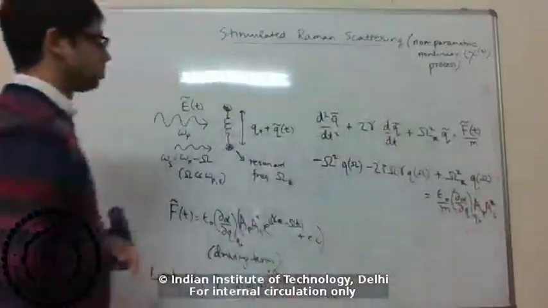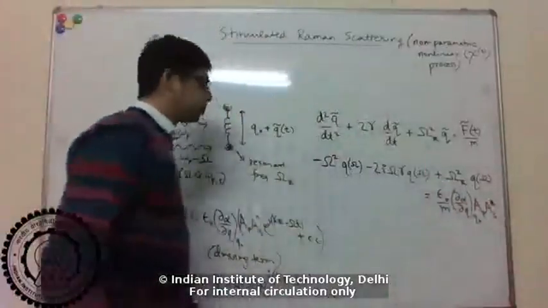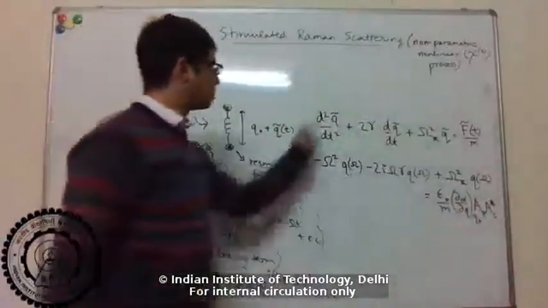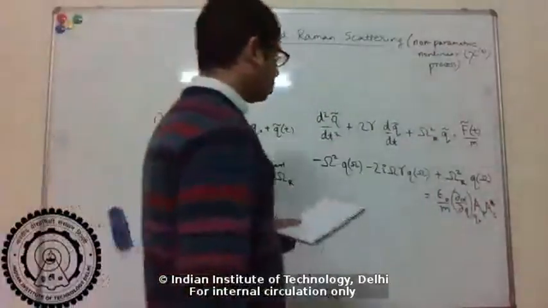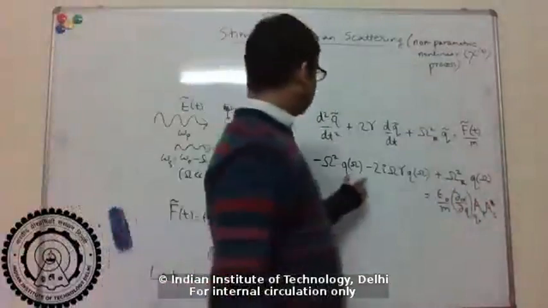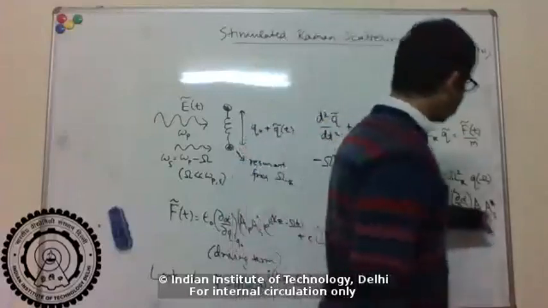Okay, so I end up with this equation for Q of omega. The exponential terms cancel out from everywhere.